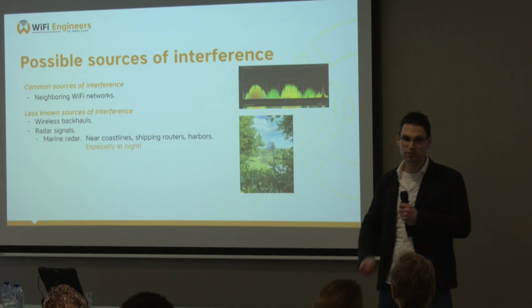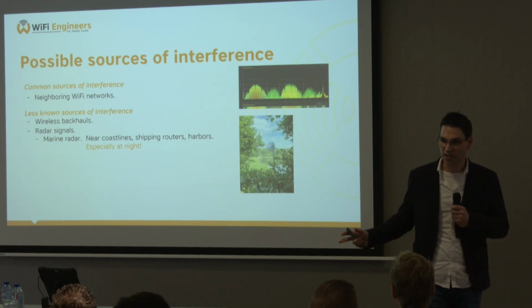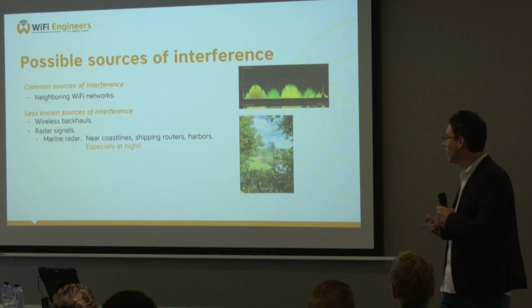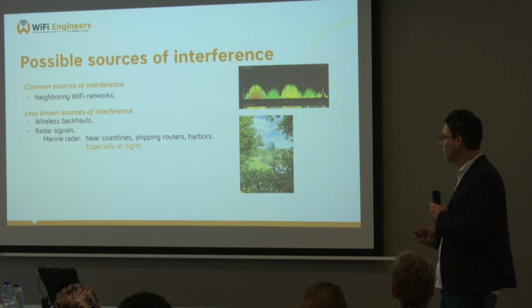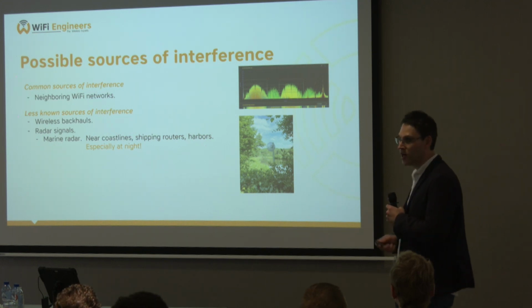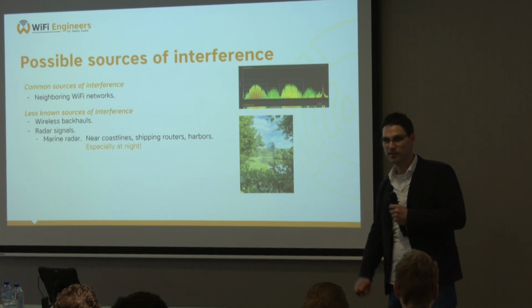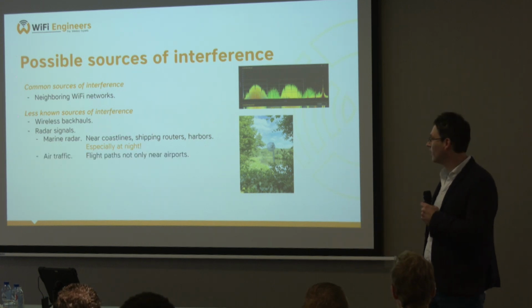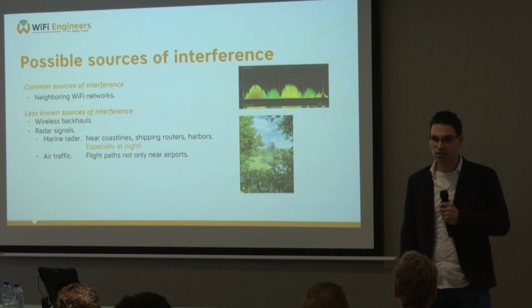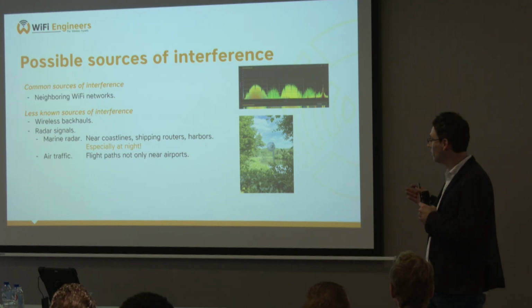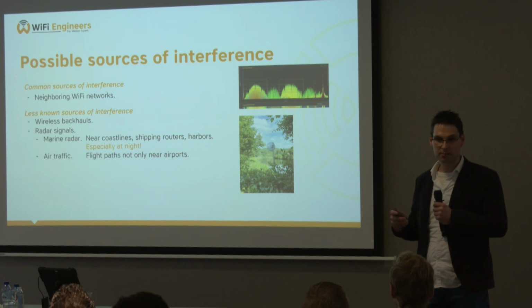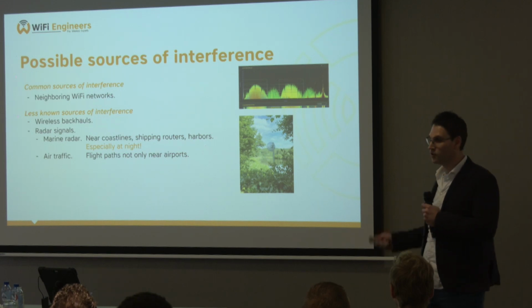Especially when you look to marines, harbors, and near the coastline. Radar signals can affect your wireless network, so keep that in mind. Also air traffic. You don't need to be near an airport, but if you're in a flight path, then that might also affect your wireless network.